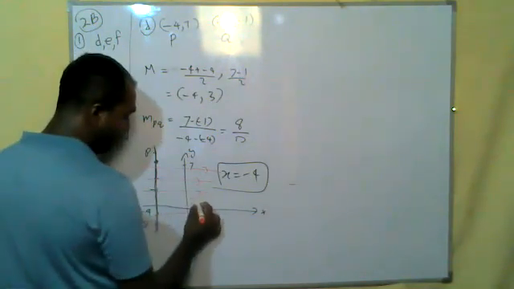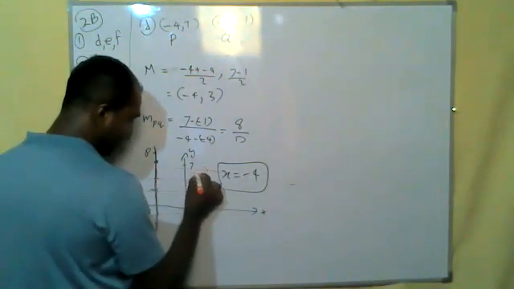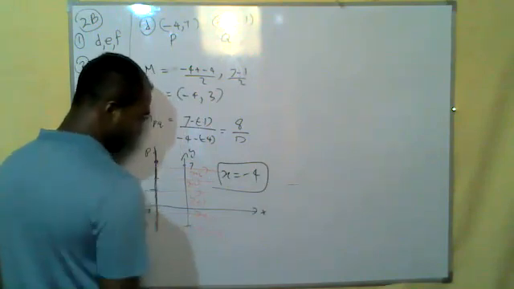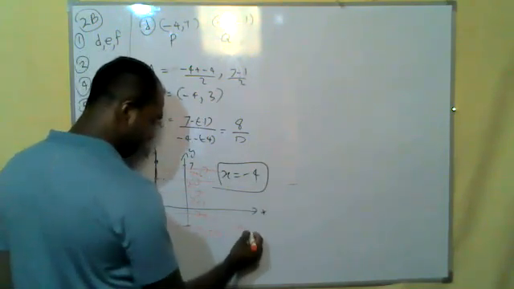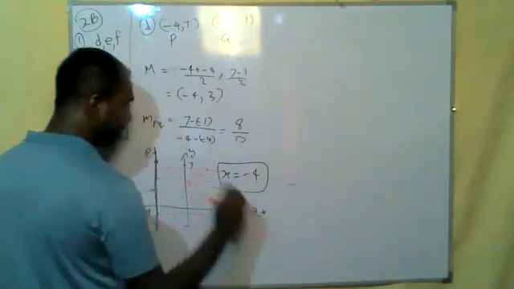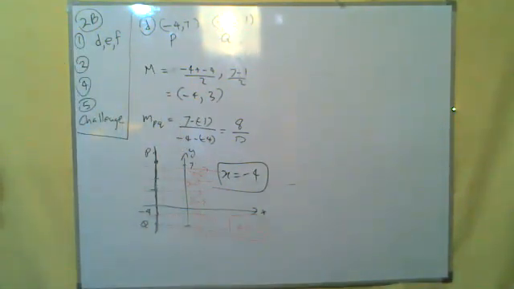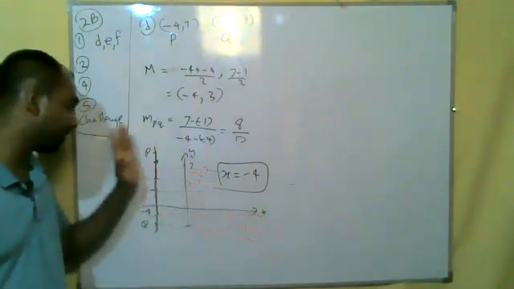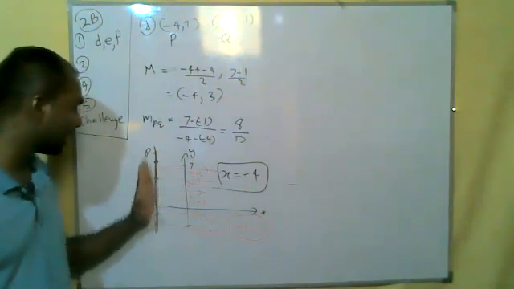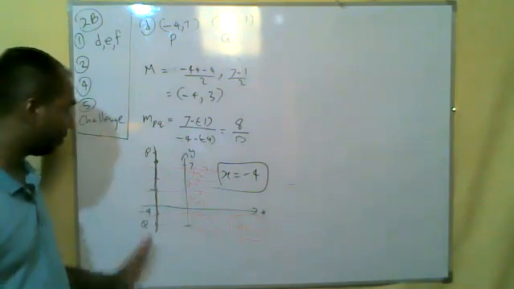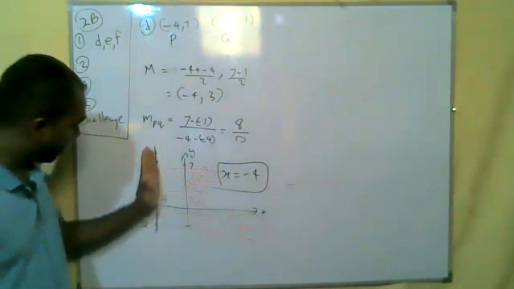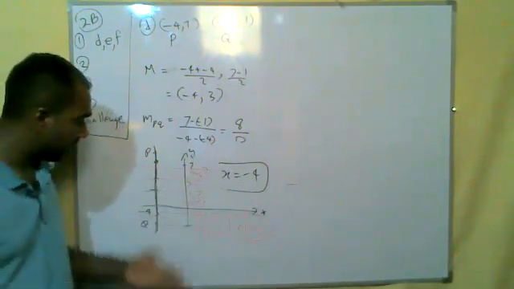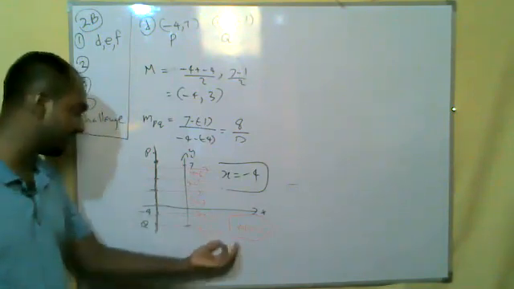We can write y equals 1, y equals 2, y equals 6, or y equals -3, y equals -5, like that, no? What has happened to the gradient? Gradient equals 0. Those are two important points that you should keep in mind. When a line is parallel to the y-axis, we don't mention a gradient because the gradient is infinite. So when writing those equations, we just use x equals something, like x equals -4. But when they are parallel to the x-axis, the gradient is 0.